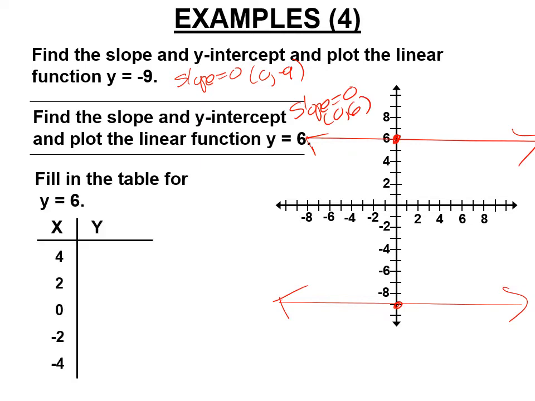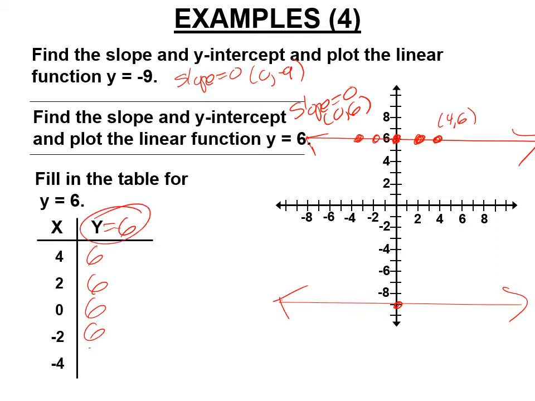Let's fill in the table for this. So for y equals 6, if x is 4, y is 6. If x is 2, y is 6. If x is 0, y is 6. If x is -2, y is 6. This is what this means.